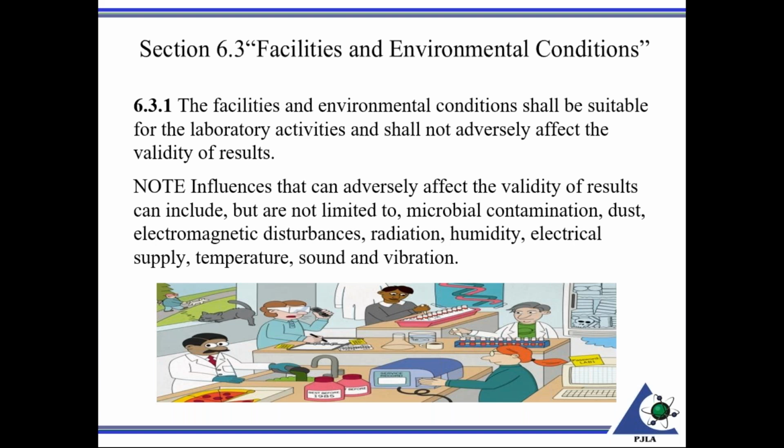And that's captured in the note in the standards. It could include such things as microbiological contamination, dust, electromagnetic disturbances, radiation, humidity, electrical supply, temperature, sounds, and vibrations. Any adverse effects created by these examples should not impact the test or calibrations that are being done.